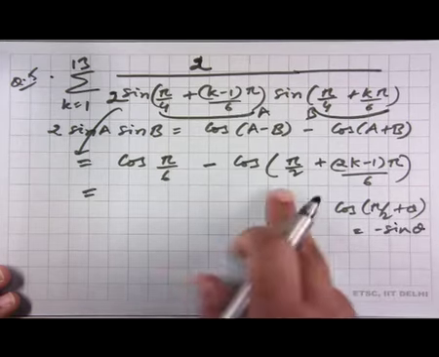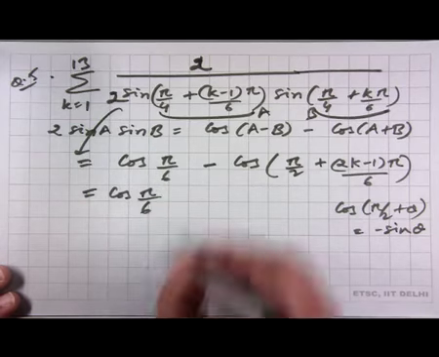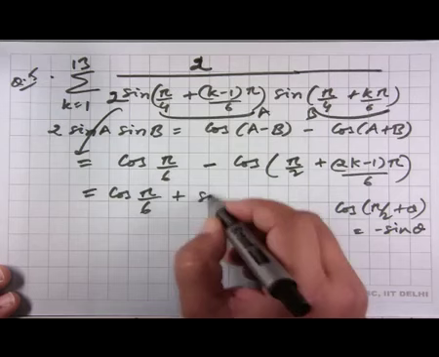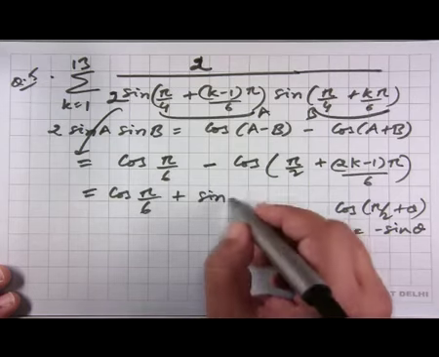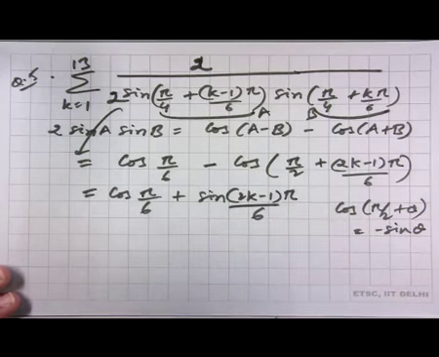So, if we use this fact here, the kth term of this summation is equal to 2 over cos(π/6) plus sin((2k − 1)π/6).